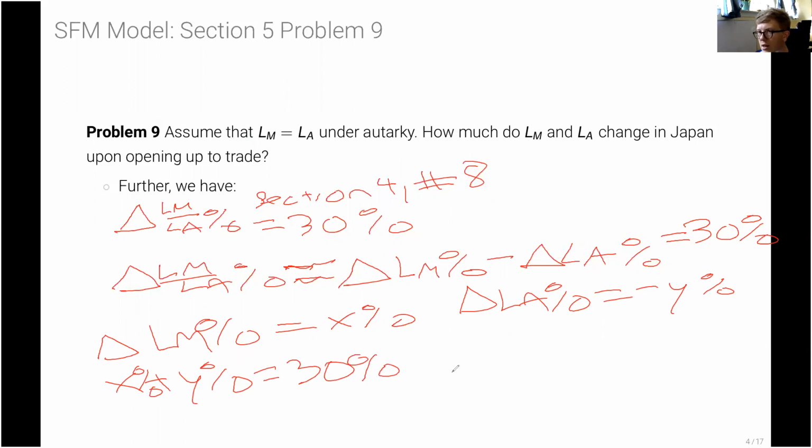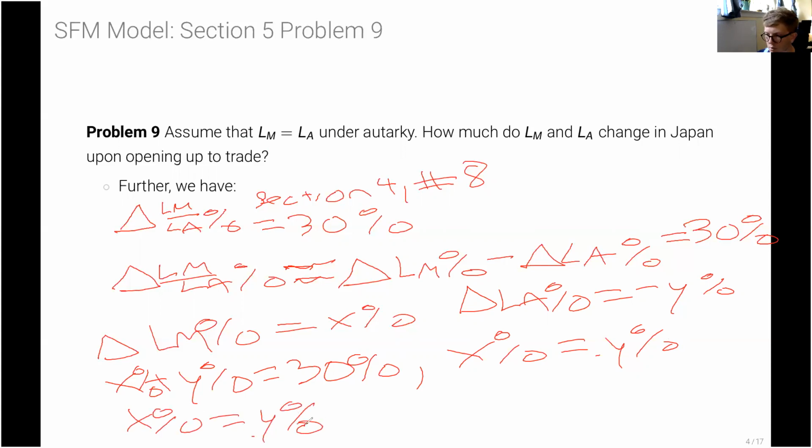But recall that I said last time that x% is equal to y%. And so if x plus y is equal to 30 and x is equal to y, then of course both x% and y% must be equal to 15%.